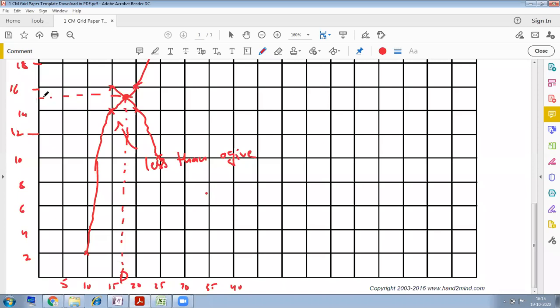Just take the average of frequency, so 15, and draw the intersection point at 15 where it is intersecting the graph. There you will get the median class. Median or mean. Sorry, it's the median.